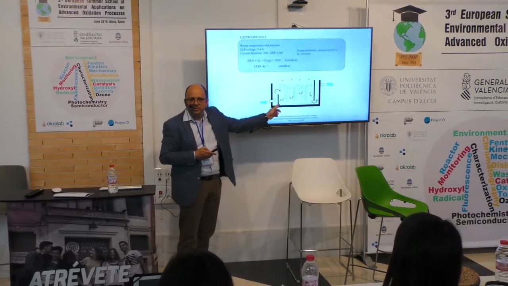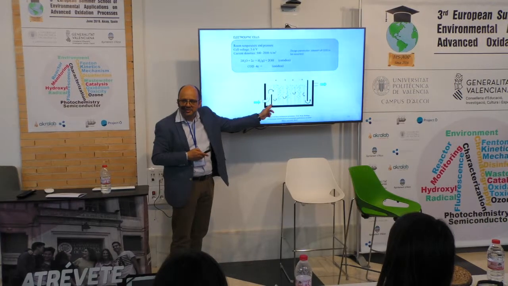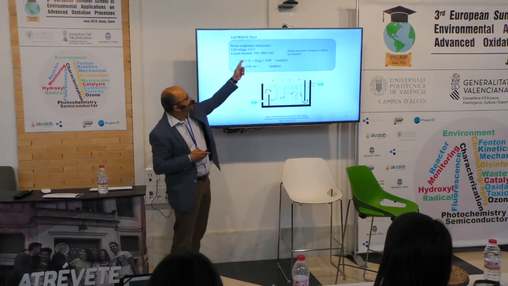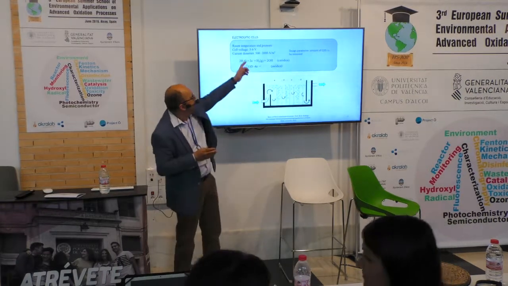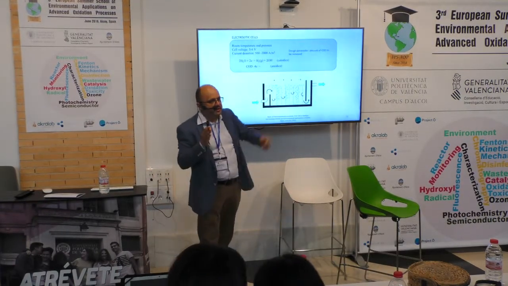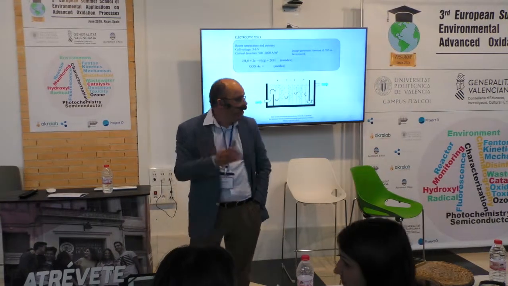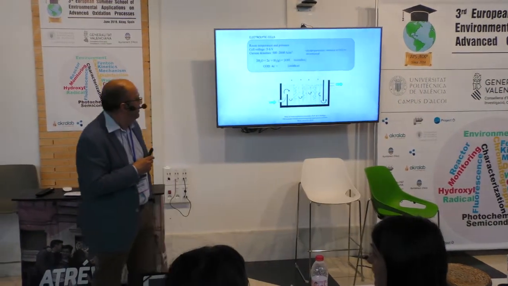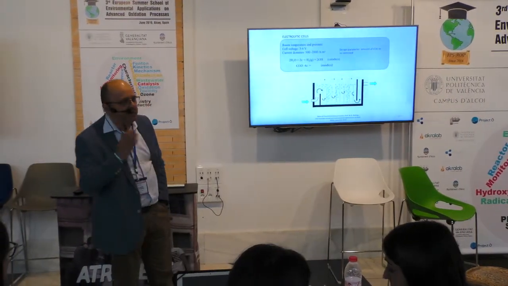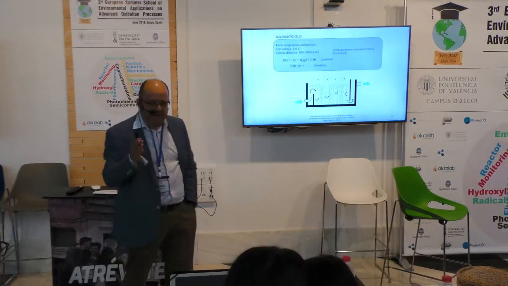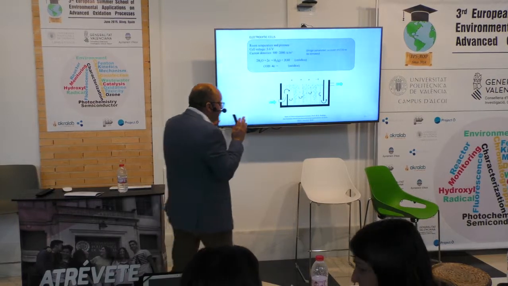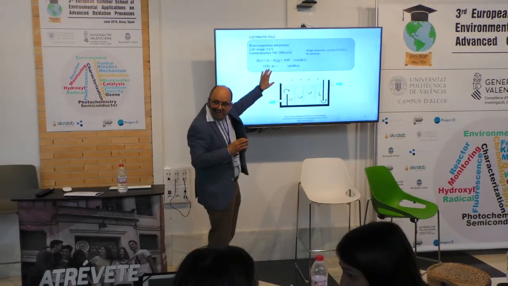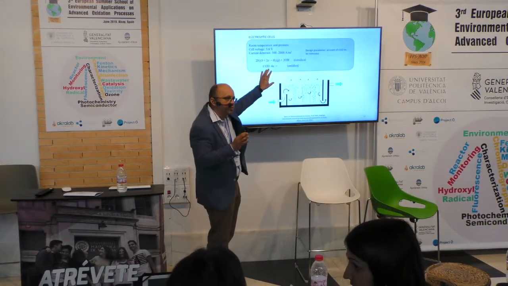Something like I'm showing you in this slide. A reactor that works in a cell voltage range between 3 and 6, with current densities between 500 and 2,000 amperes per square meter, and that operates at room temperature and pressure. This is the basics, okay? But you can do what you want.